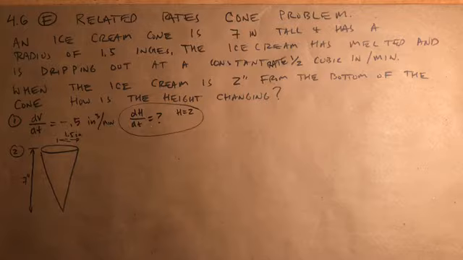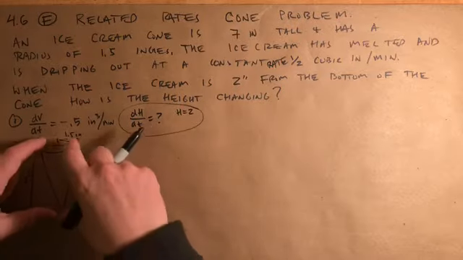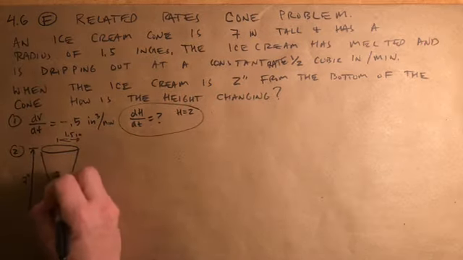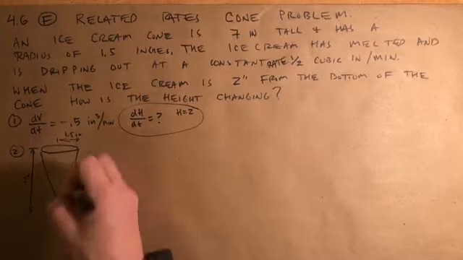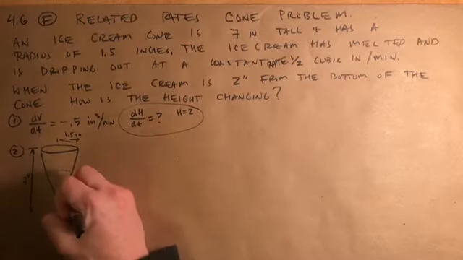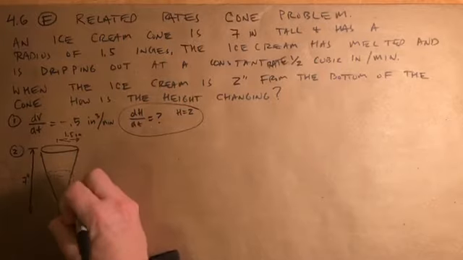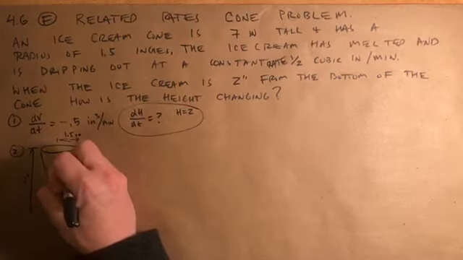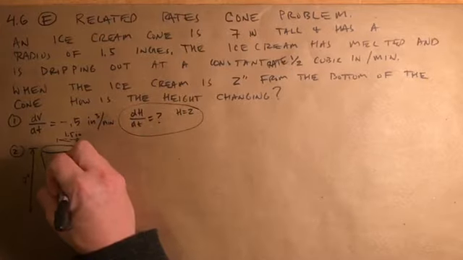And I think we have what we need here, but what we have to think about as well is that at one point or another, we're going to have the ice cream at some additional level. And I'm going to call this level h. And we'll say that we have this value r.